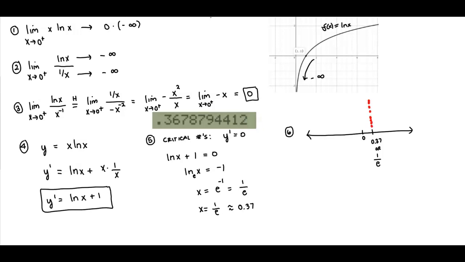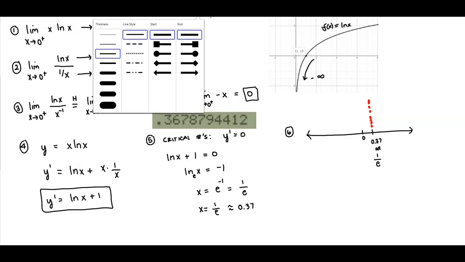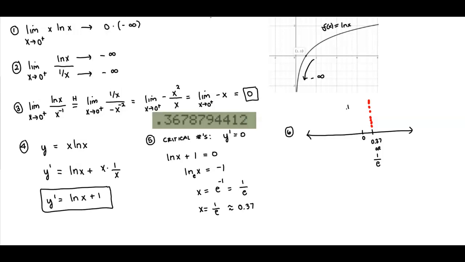So we know that we have these two regions that it covers. We have a region that's going from negative infinity to 1 over e, and we have another region that goes from 1 over e to positive infinity.